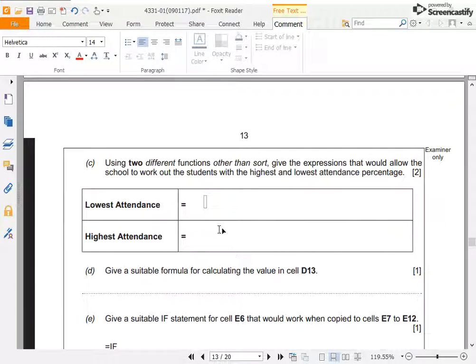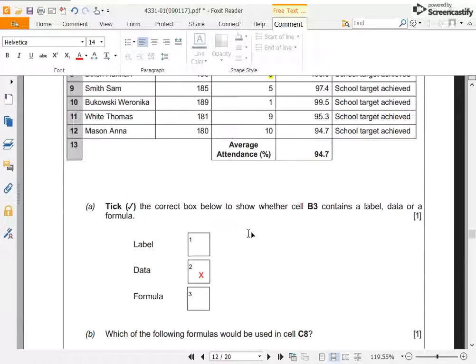Okay, so equals MIN would give you the lowest, and we can say D6 to D12. Okay, so equals MIN D6 to D12.